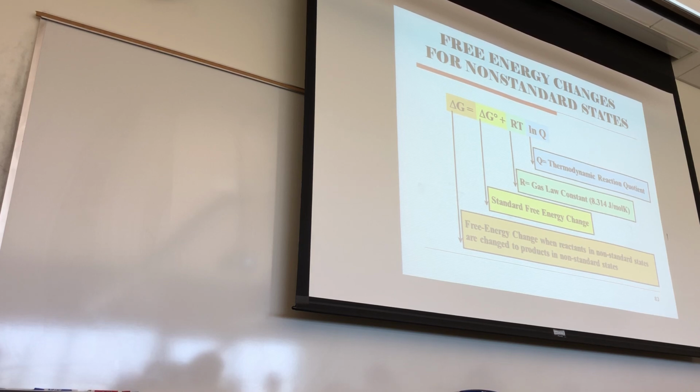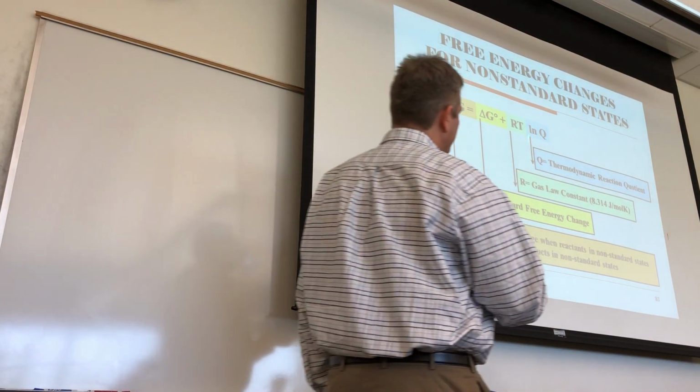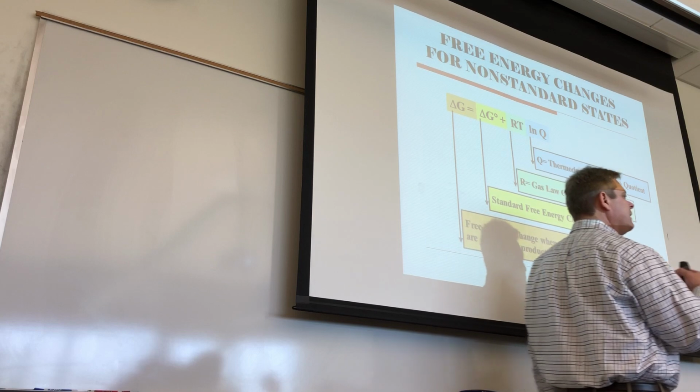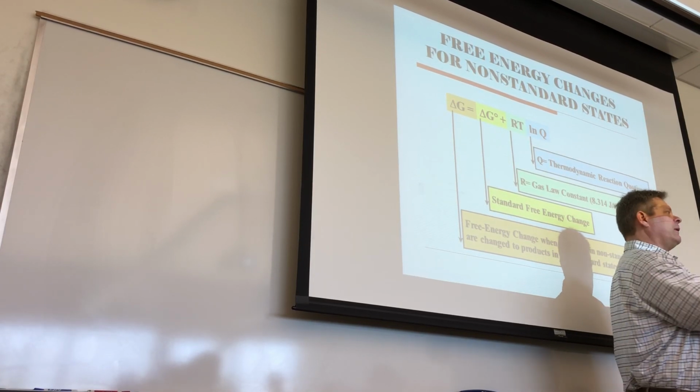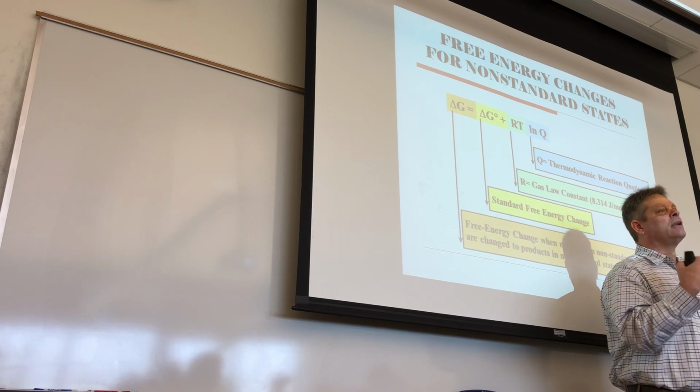So just to recall how we do that, that's the partial pressure of the products divided by the partial pressure of the reactants. Okay. So that's how we determine Q, and then we can correlate what Q is relative to what the new delta G is under those non-standard states.